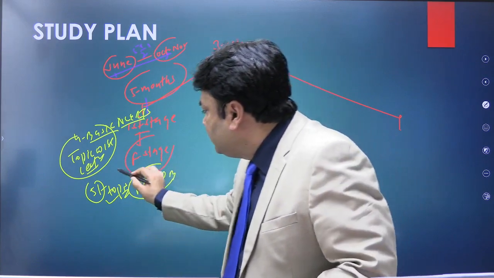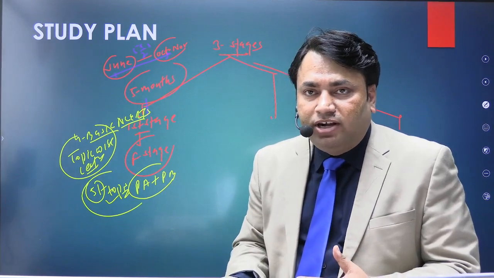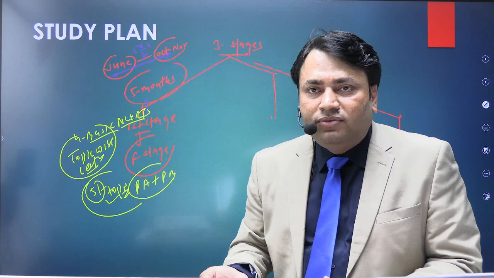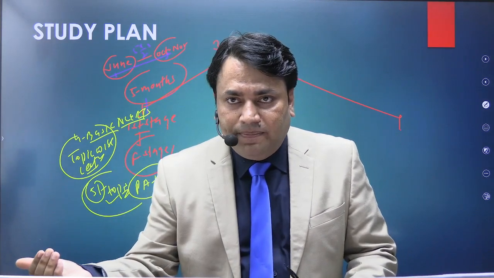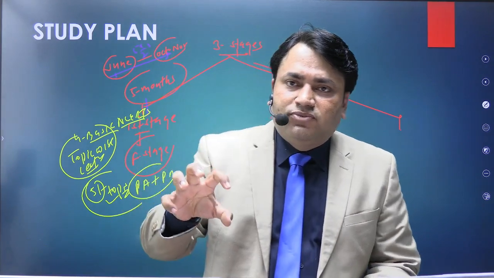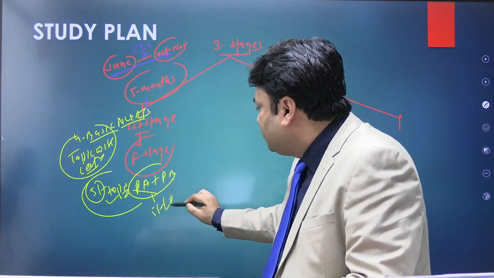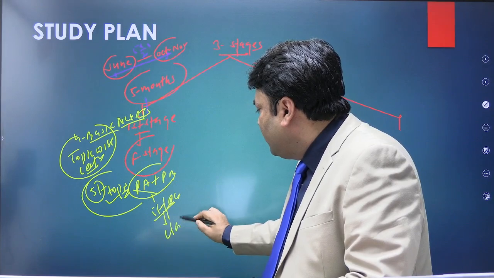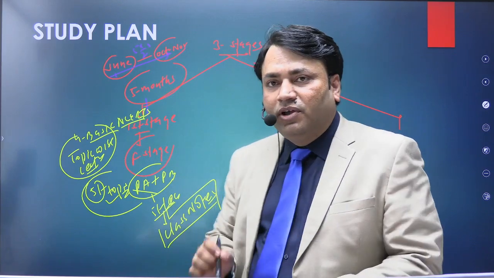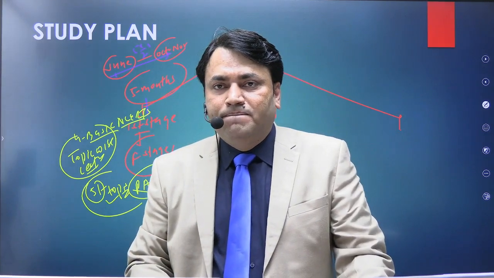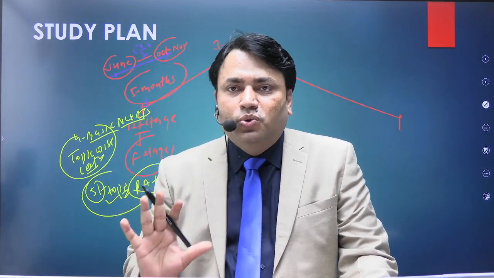And while discussing these 51 topics, I will take help of many other standard books, including the IGNOU material. In a concise, condensed form, all these 51 lectures will be taught to you, and finally your class notes will be the single study material that you will have to use, right?